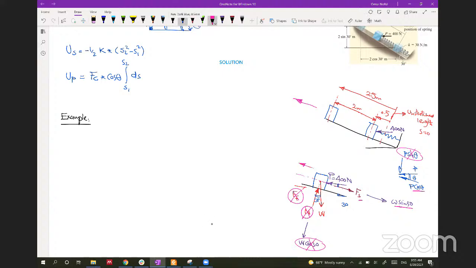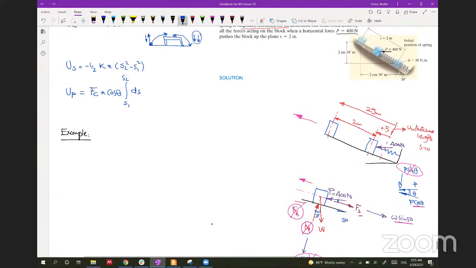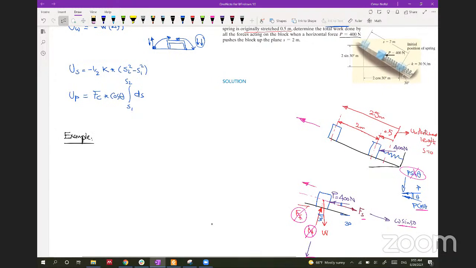Okay, let's get the work done by B. So U_B will be the integration from r1 to r2 of F dot dr, and this is the integral from S1 to S2 of F cosine theta ds.